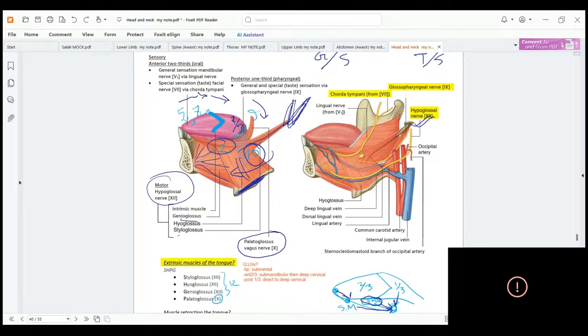See here the picture, hypoglossal nerve. You can see this picture. Hello, she left. Okay.